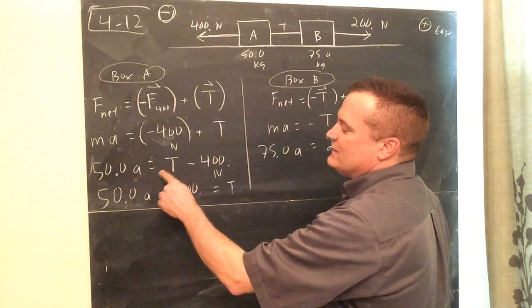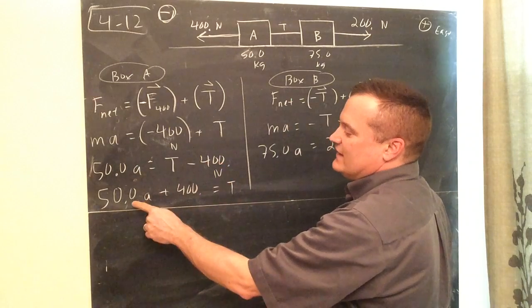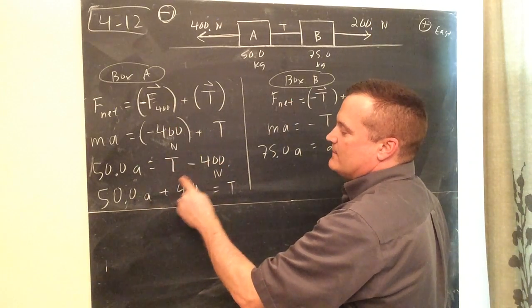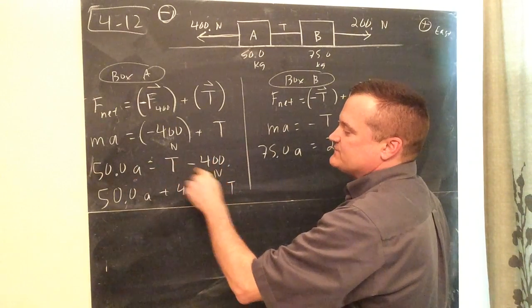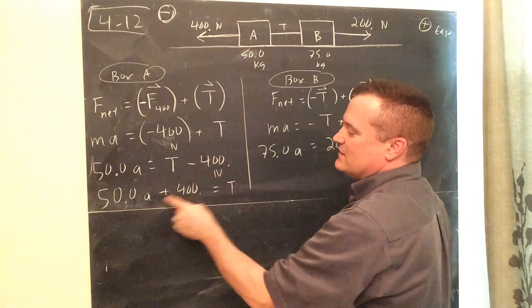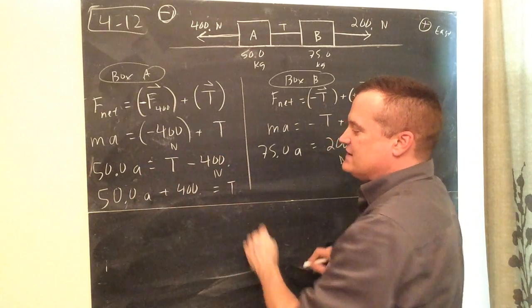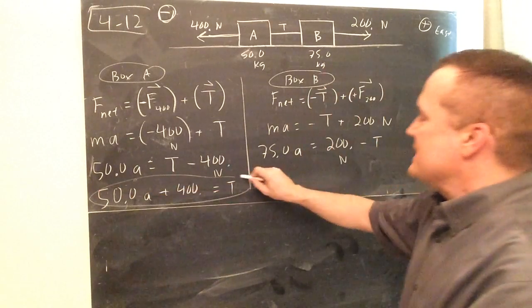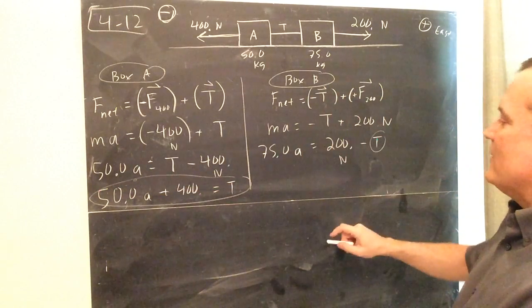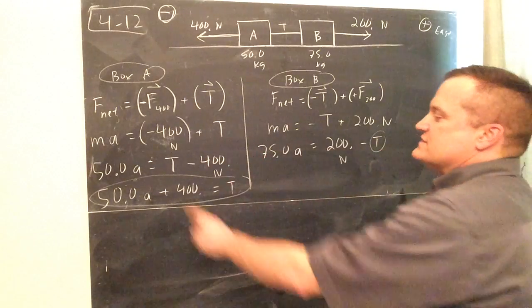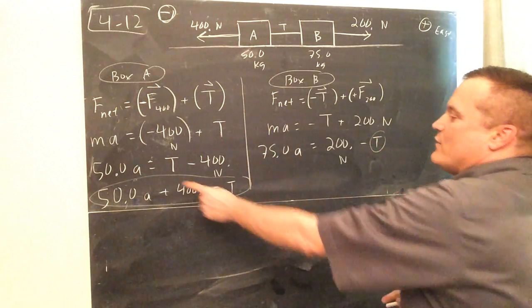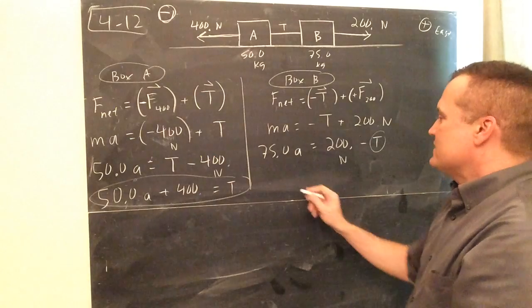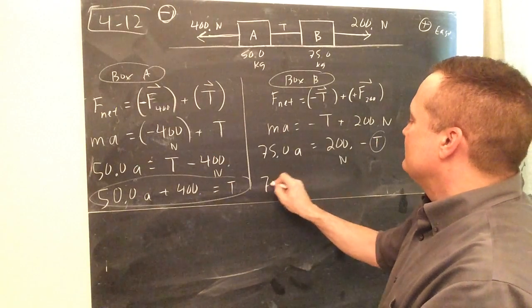If 50A equals T minus 400, then if I put plus 400 on both sides, you'll cancel that out. 50A plus 400 equals T. Now I can take that and substitute it in for T right there. See, even though you have two equations, the A's have to be equal, and the T's have to be equal. So I'll substitute it in here.